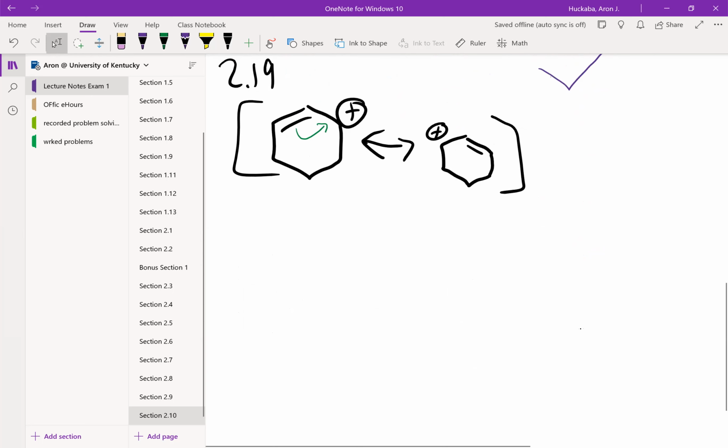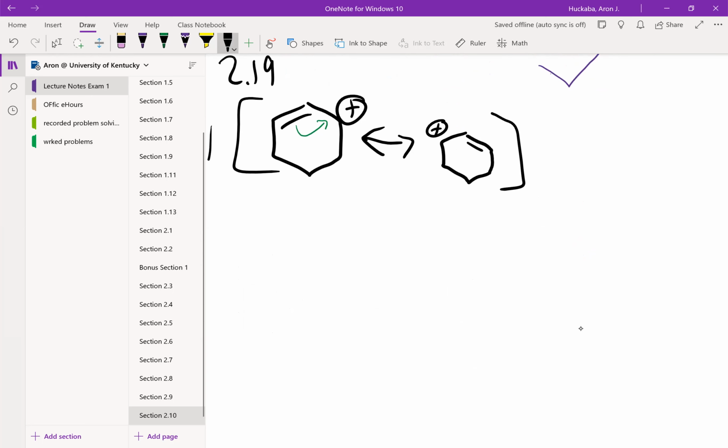Another kind of interesting example here. Let's see, that would be D, the example D there. Oh, I'm really bad at drawing these. Gotta start from the other side. 1, 2, 3, 4, 5, 6, 3, 4, 5, 6, 7.